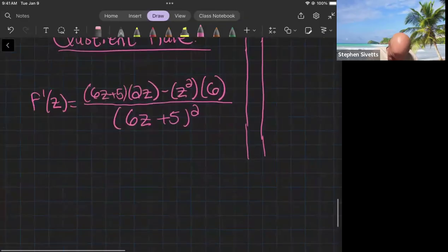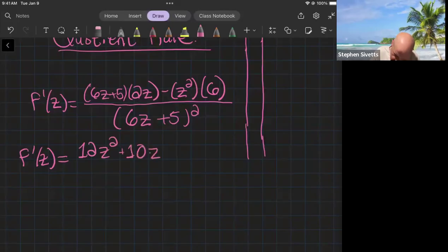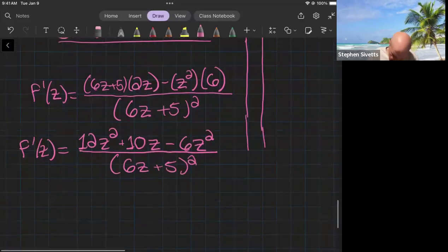Okay, so f prime of z would equal 12z squared plus 10z minus 6z squared over (6z plus 5) squared.